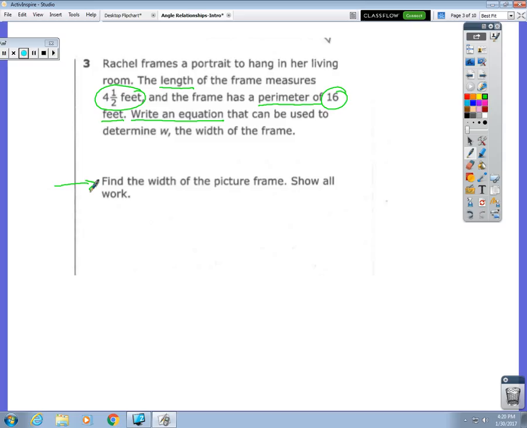So we're going to write and solve an equation. The first thing you need to think about is perimeter. In order to find the perimeter of something, you have to add up all the sides. So we know the total around this picture frame is going to be 16 feet. We know that the length is 4.5 feet, but we don't know the width.